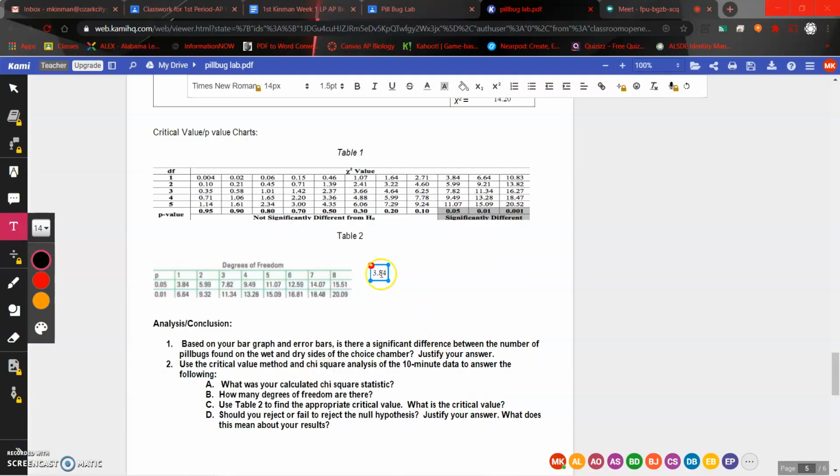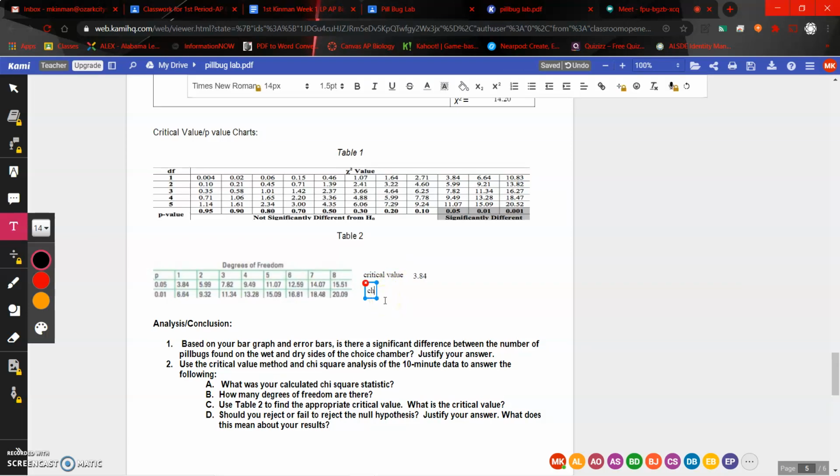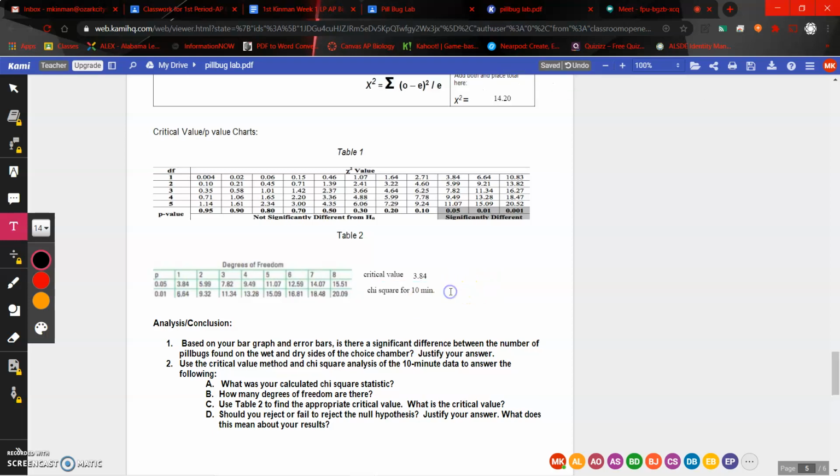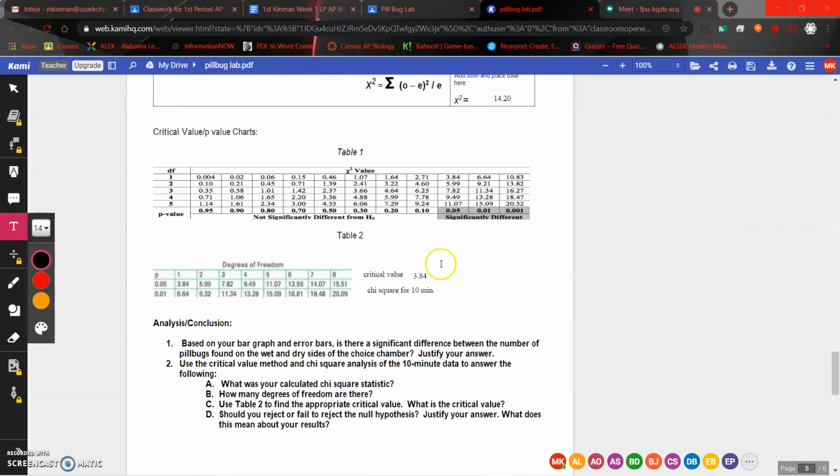All right, so we come back over here, the critical value. Let me just write critical value right here. The critical value is 3.84. My chi-square for the 10-minute data was up here. I think at some point I deleted it, but it was 12.25.